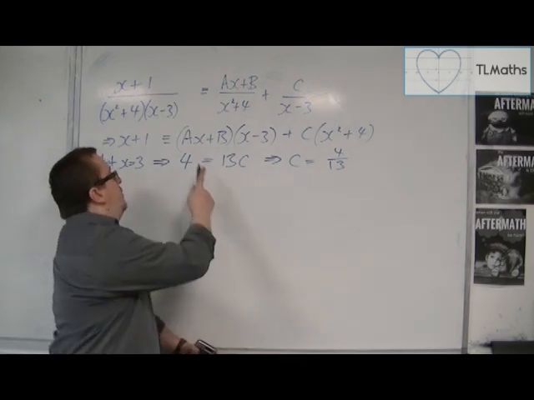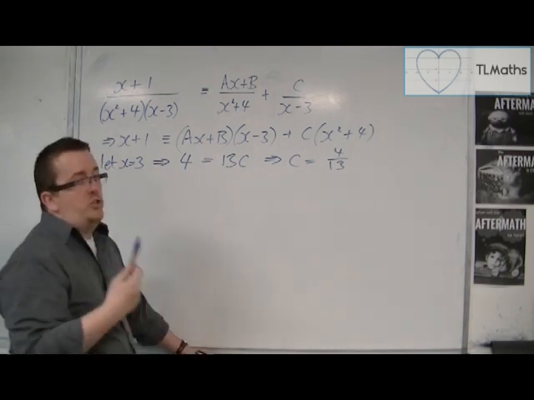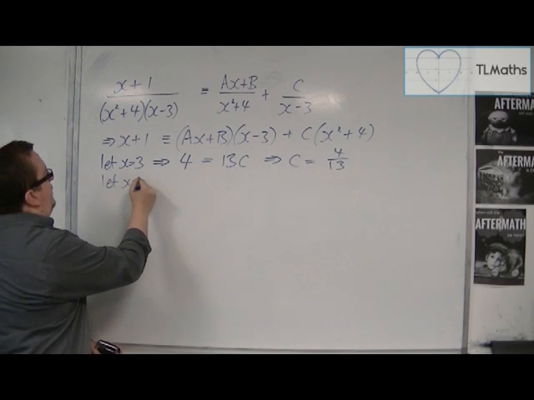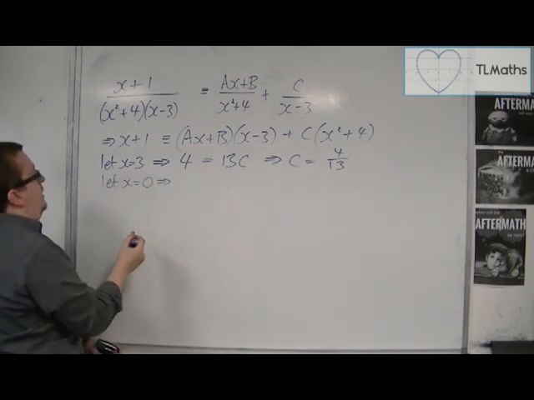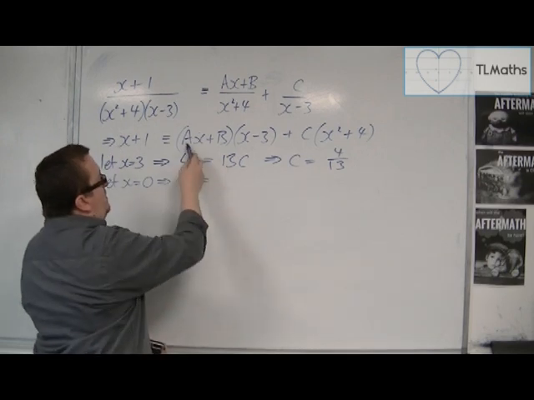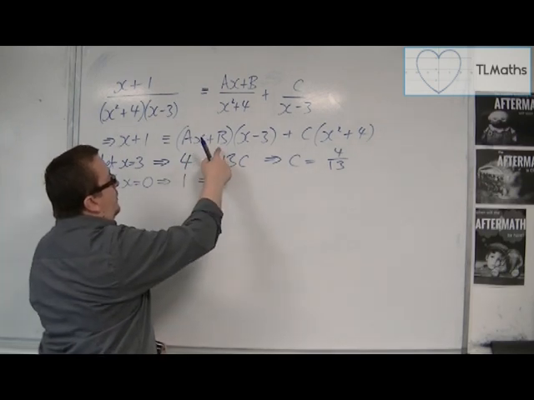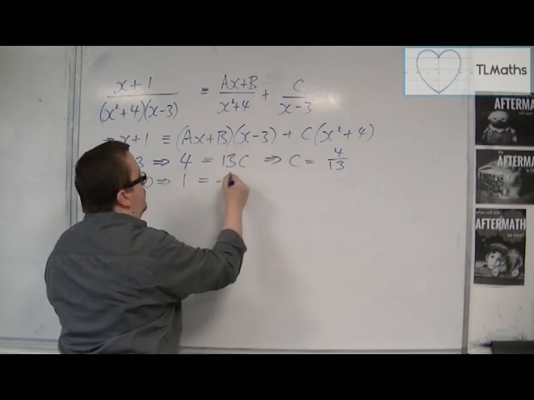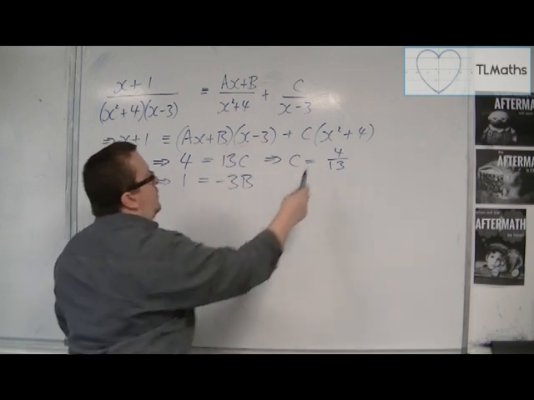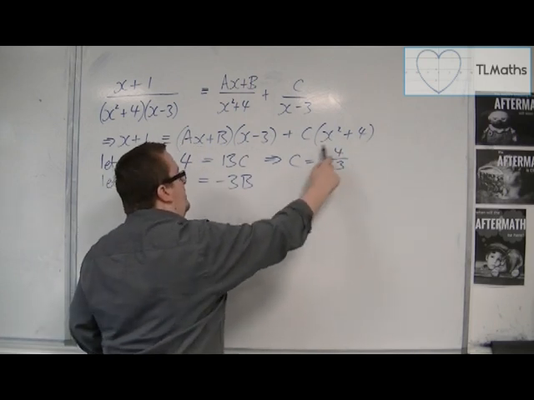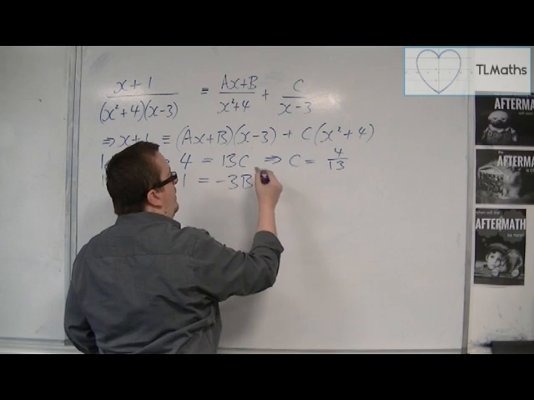Now, because I've got ax, it makes sense to choose x as 0 to eliminate the a. So let x be 0. We're going to have 0 + 1, so 1, is equal to, well, that's going to be 0, then b lots of minus 3, because x is 0, remember, and then we've got 4 lots of c, which is 16 over 13.